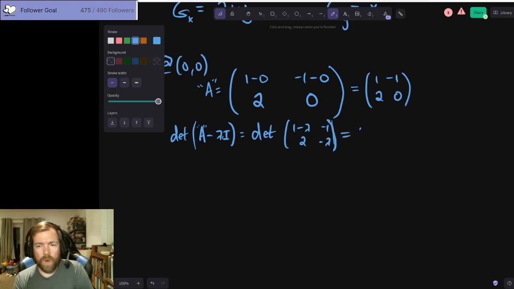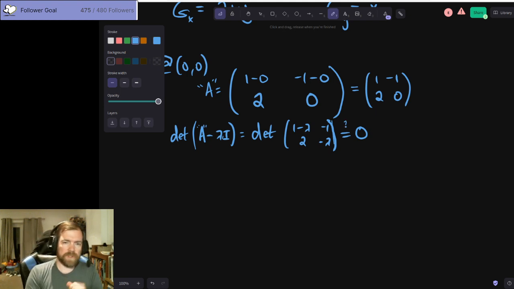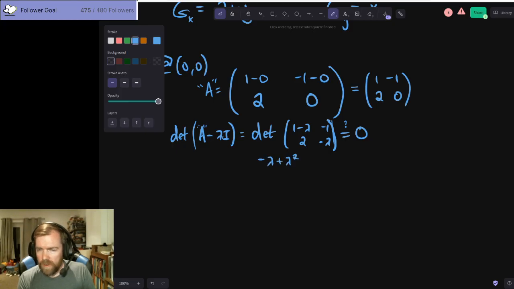We want to know, when is this equal to 0? Because again, we want that determinant to be equal to 0 to show us where the system is going to be linearly independent. So here we end up getting a negative lambda, positive lambda squared, minus a 2 times negative 1. Set equal to 0. We have lambda squared minus lambda plus 2.